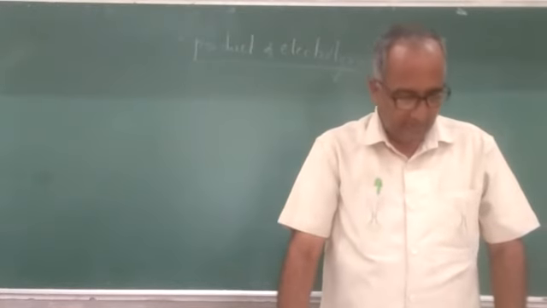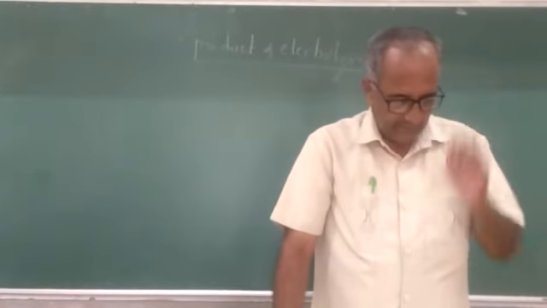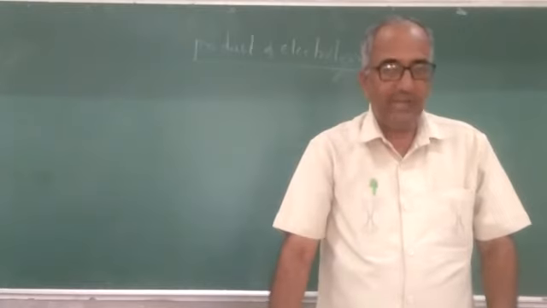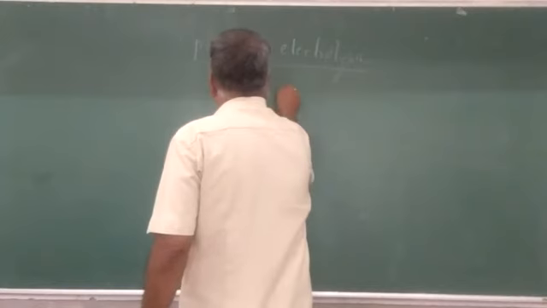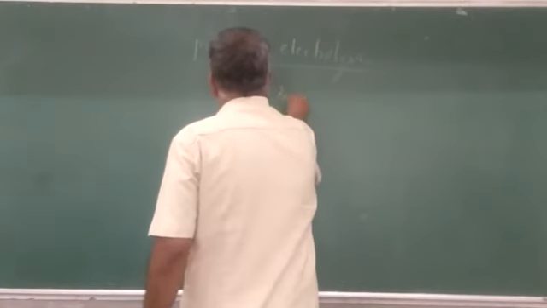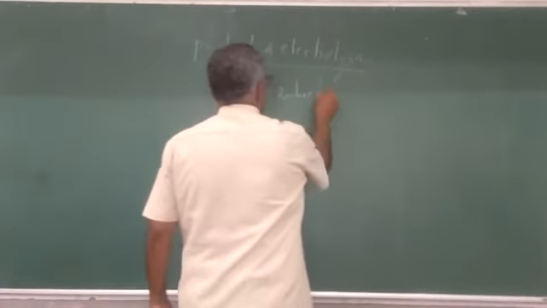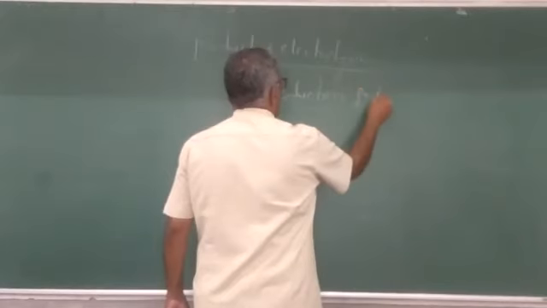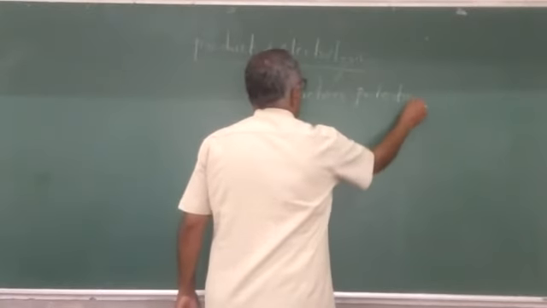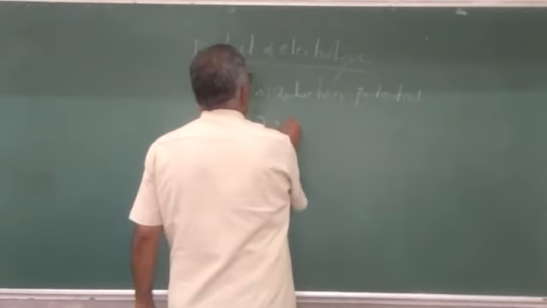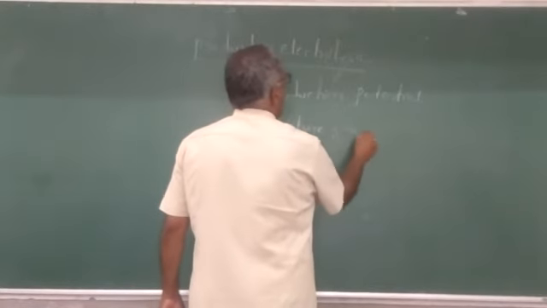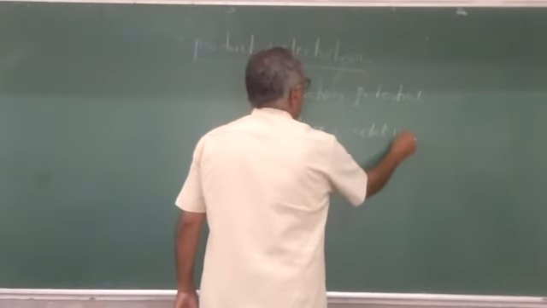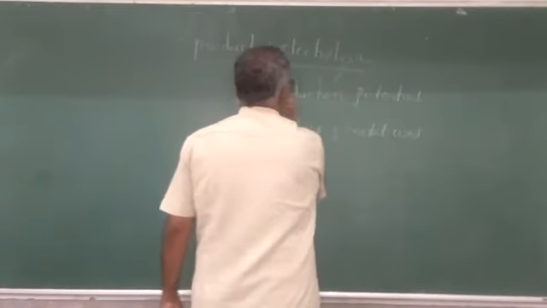So the product of electrolysis depends upon two factors: the first is reduction potential, and the second one is the nature of metal used.